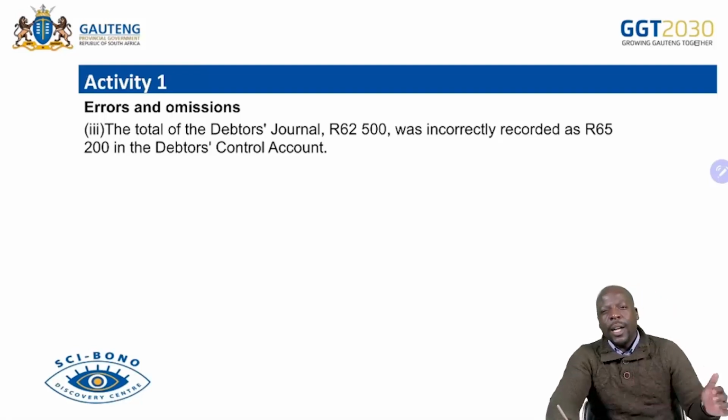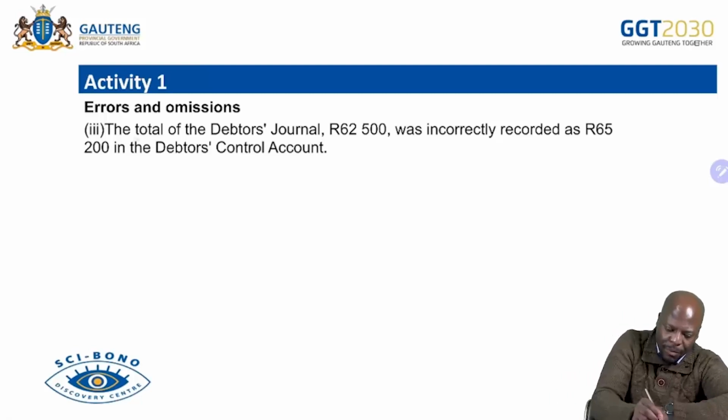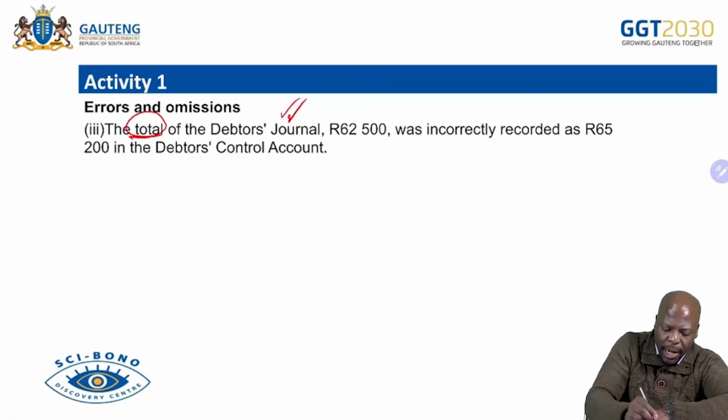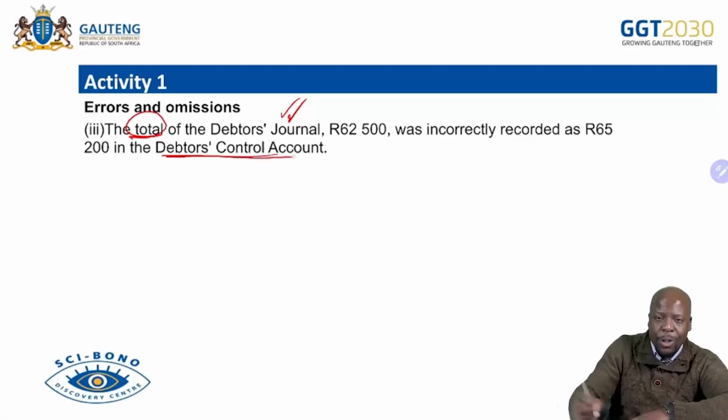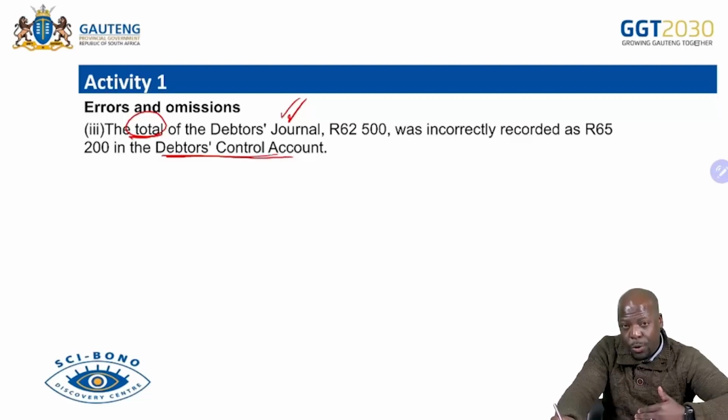So already here we can see that they are using the word total. Once they use the word total, it has to do with the debtors journal. And once they're talking about debtors journal, we are therefore going to relate it with the debtors control, because totals have to do with the data or with the journals, and then they affect the controls.